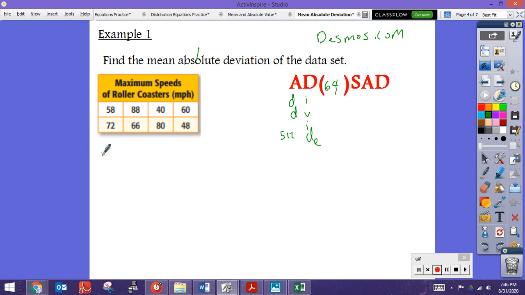And so really I'm just going to set up a bunch of subtraction problems. I'm going to write all these numbers out. Running out of room.